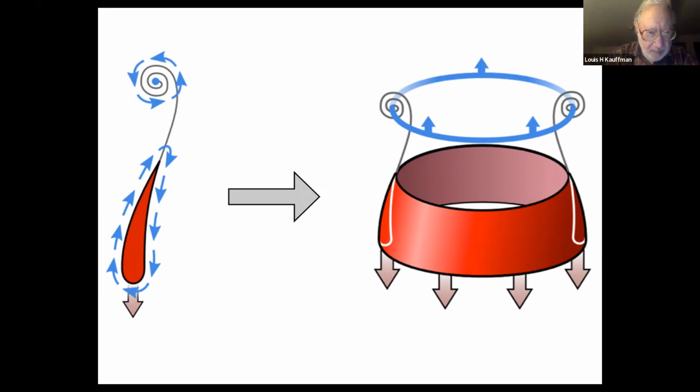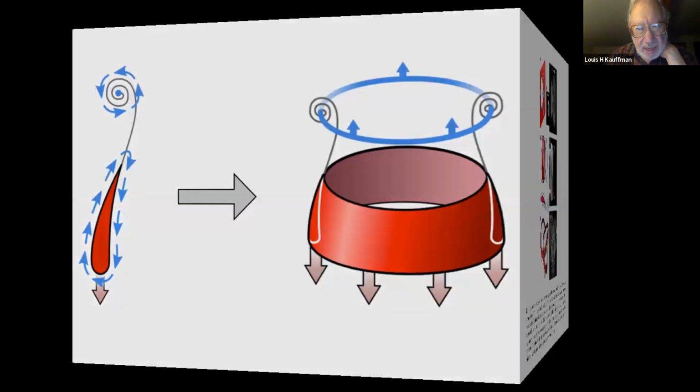If the teardrop were in 2 dimensions and pulled downward through a 2-dimensional fluid, it will create vortexing at the very tip edge of the teardrop. If it's rotated around in 3 dimensions, then it will create a ring vortex where the fluid goes around the ring like that.